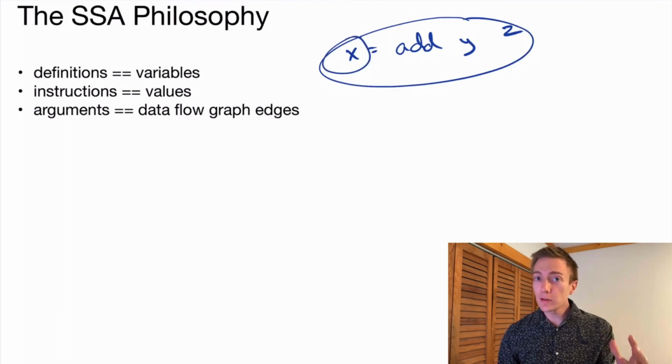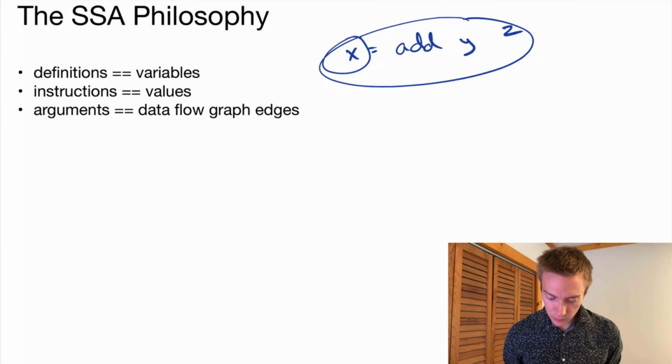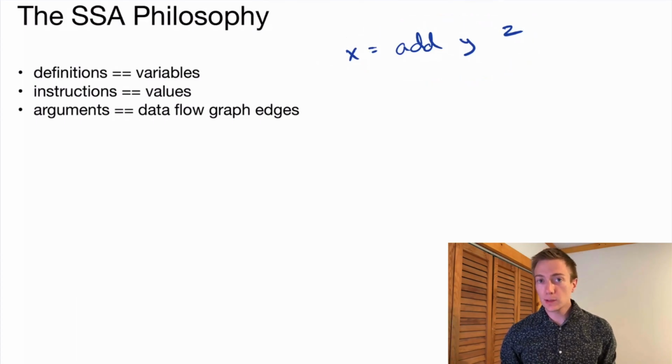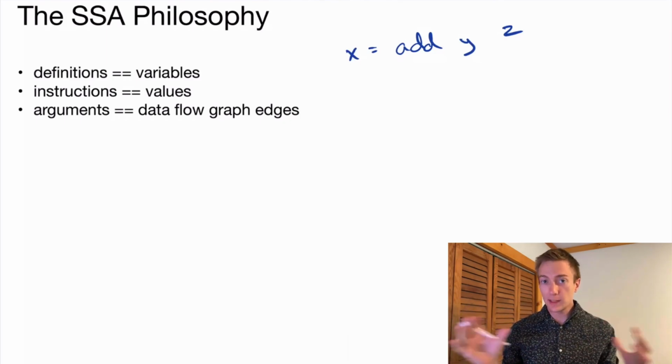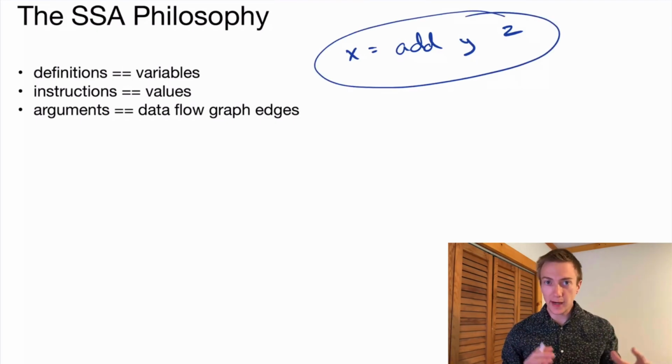But now, every variable is assigned to exactly once in the entire function. So now we can think of these as one and the same. If you're doing reaching definitions, for example, you no longer have to keep track of which assignment to which variable is the definition. You can think of variables and assignments as one unified entity.